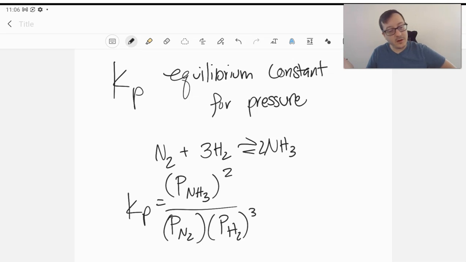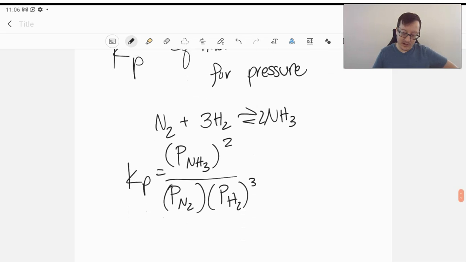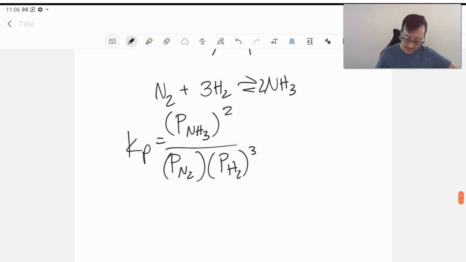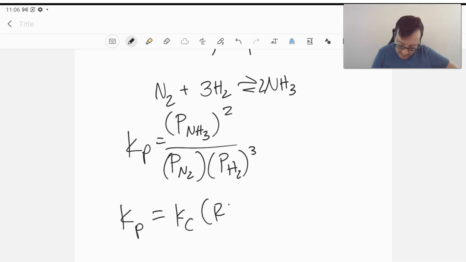And if you really want, you can go through the ideal gas law, have some fun with that, but we can relate the pressure Kp and Kc together. And if you want to, you can see the derivation in the book, or you can accept it. We're going to see that you can relate Kp and Kc to each other for gases.